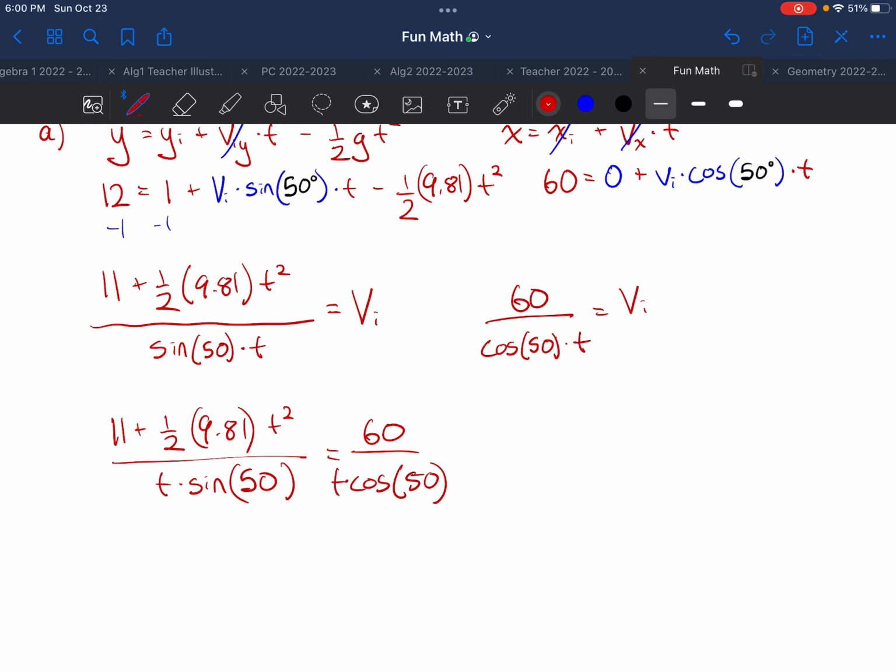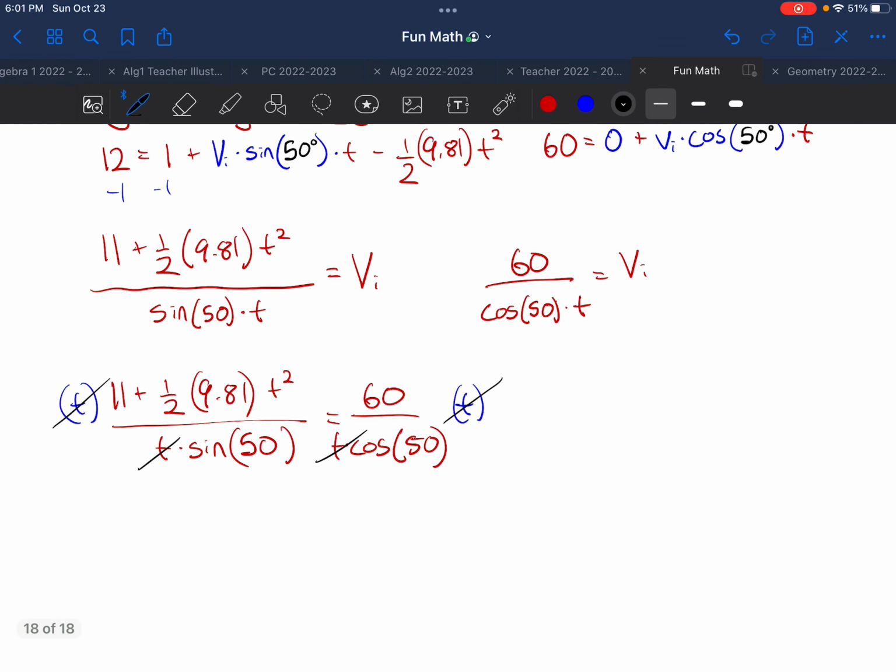And at this point, I'm going to say, well, there's t on both of them. So I'm going to multiply this side by t, assuming that t isn't 0. It's not, because it takes some time to do stuff. Those are going to both cancel out. So t and t is gone, t and t is gone. And I have our new equation. I'm going to go ahead and cross multiply.